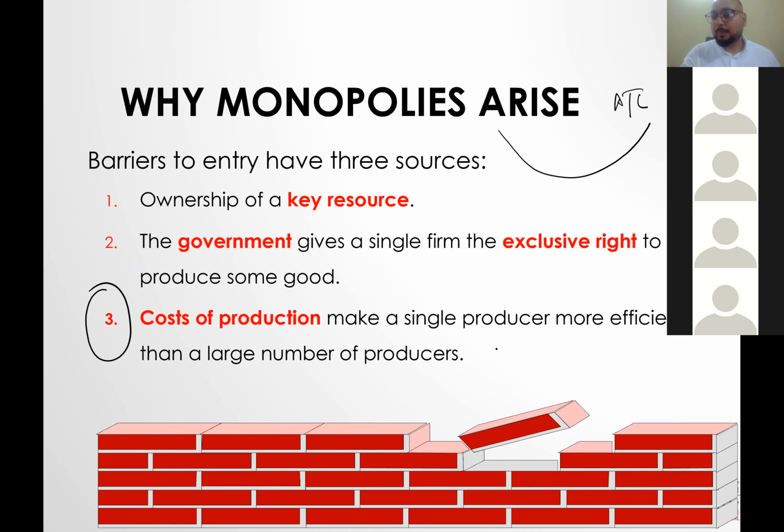So if the company manages to stay in this area, its average total cost is L-shaped, right? And it's not going upward. It means by producing more, it can decrease its average total cost, hence it can decrease its price. So when a company decreases its price to eliminate competitors, that way it can become a monopoly, right?